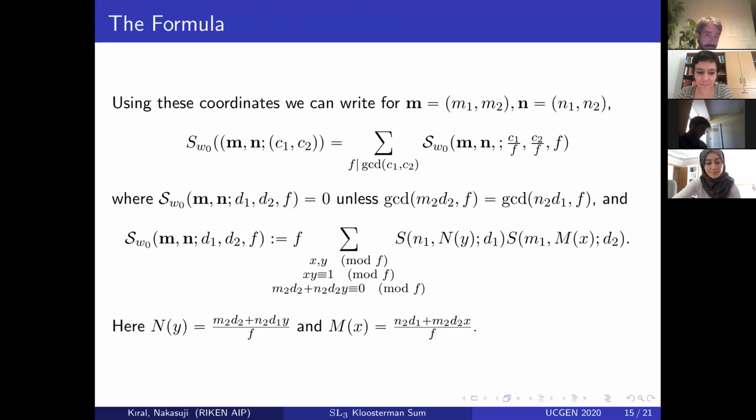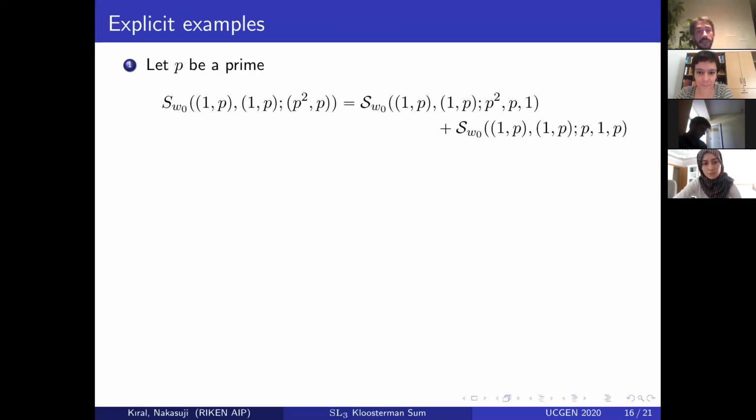So this is explicit, is what I'm saying, and maybe let's show that it's explicit. Here I take my Kloosterman sum. The first one is a factor. It's a decomposition into the various f. So you would have p. So what are the GCDs, what could divide the GCD of p squared and p? Well, f could be either 1 or p. So that's the decomposition.